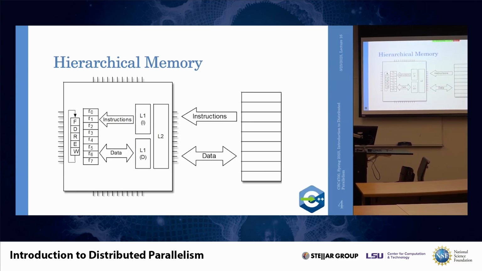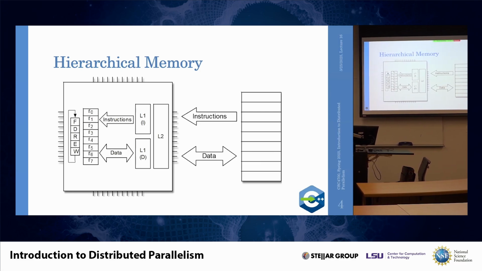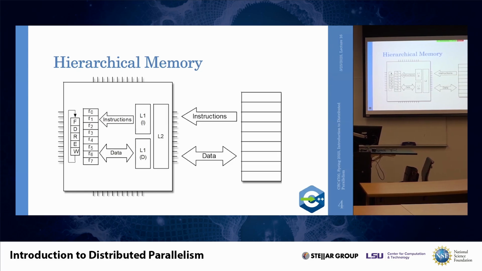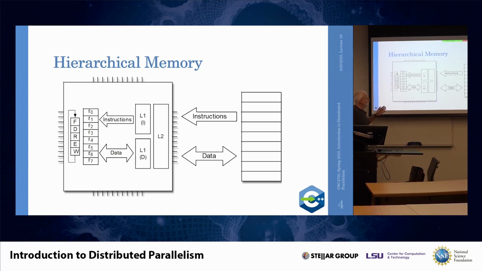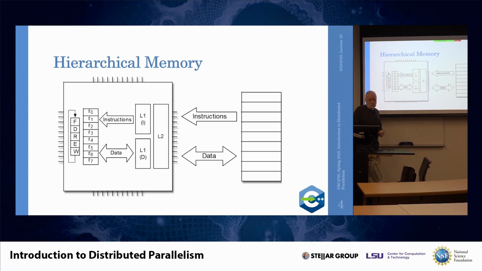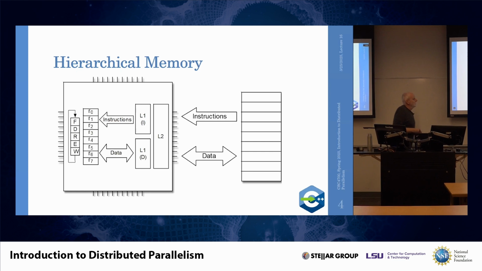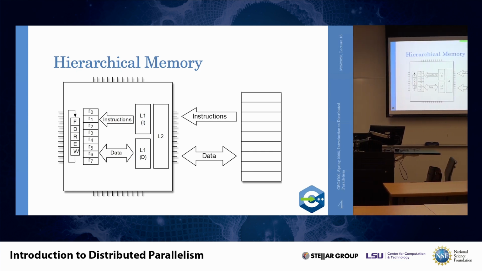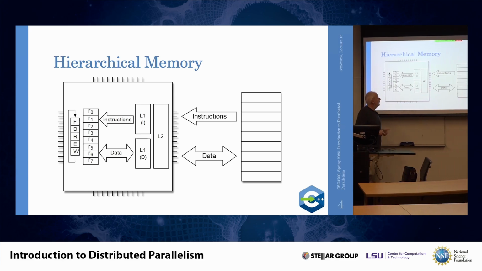So in order to mitigate the clock speed differences between the cores and the external memory, people started to add caches to the cores, where there's an instruction cache, a data cache, and sometimes a shared cache between the two, that allowed us to utilize temporal and spatial locality in order to decouple the core from the relatively slow external memory.